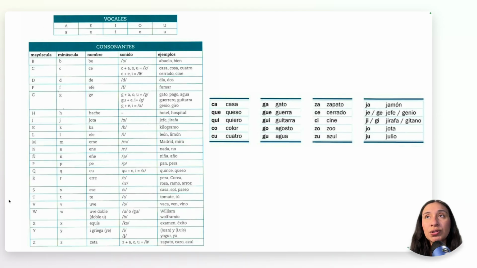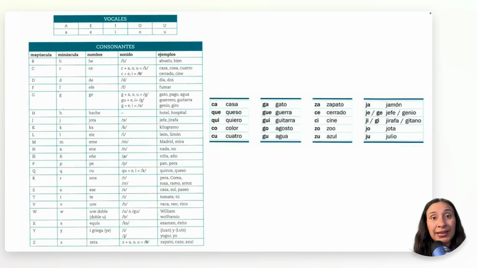Now we go to J-A. So here we have J-A, ha, J-E, he, J-I, hi, J-O, ho, J-U, hu.